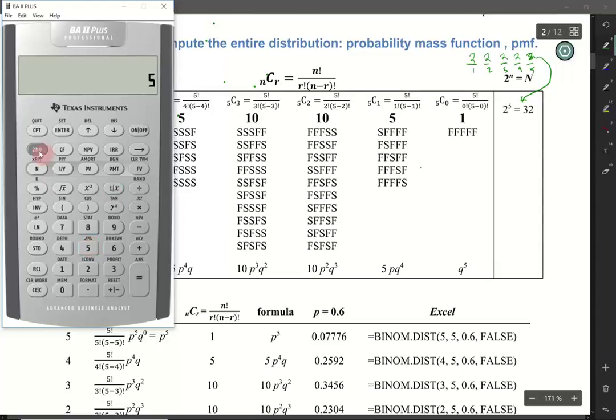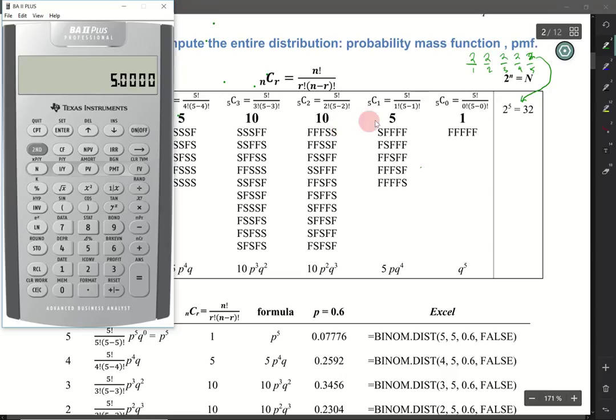Okay, and so just to be complete, we'll do the 5C2, and that is 10, and then 5C1 would be 5.